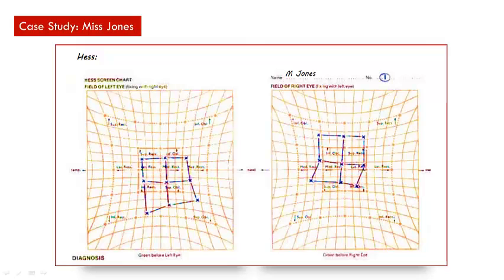Okay, we might now look for the muscle sequelae and have a look to see whether we're seeing any overactions or underactions that are consistent with a neurogenic palsy. So let's start off with a contralateral synergist. If we move over here, there does appear to be an overaction of the inferior rectus of the left eye.